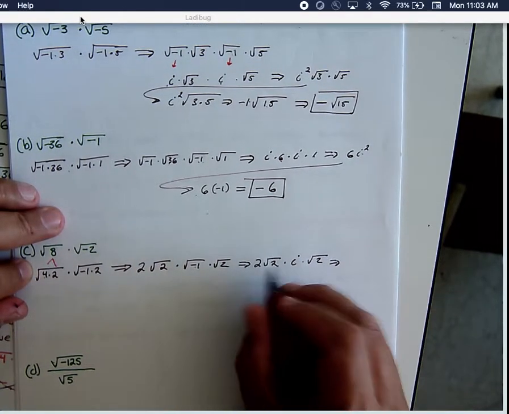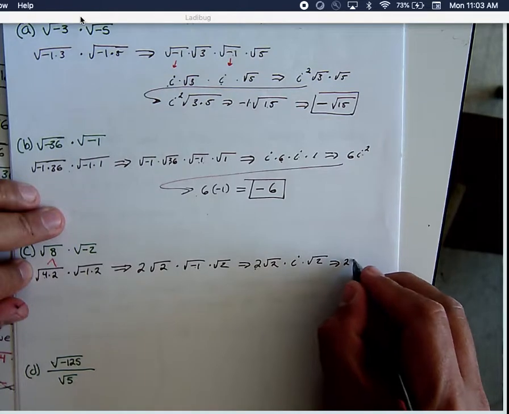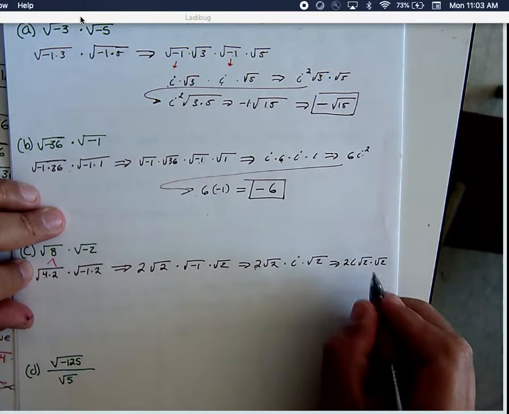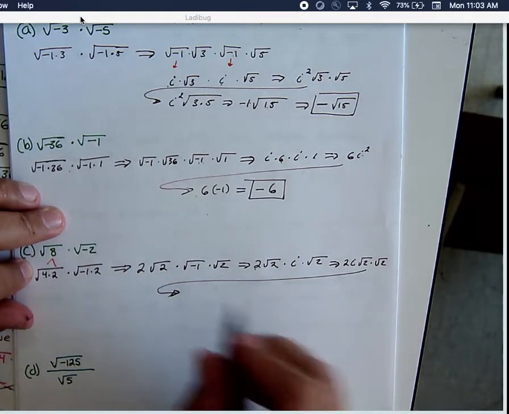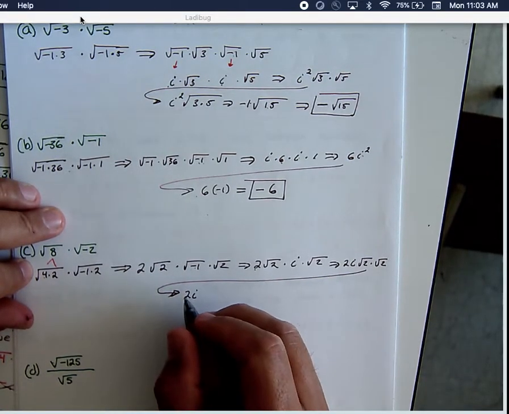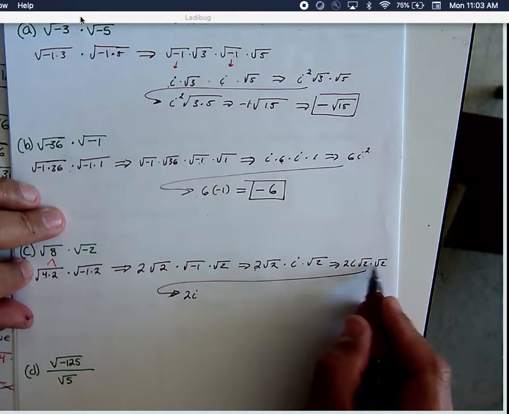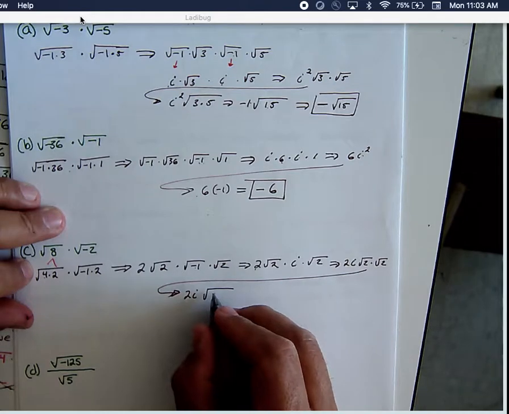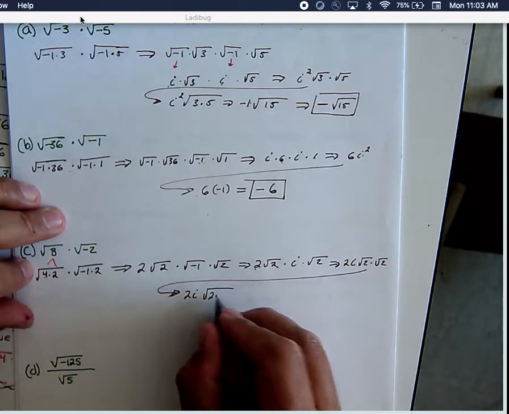So now 2 times I is 2I. And then we have square root of 2 times square root of 2. They're positive now, so we can put them together using the product of radicals.